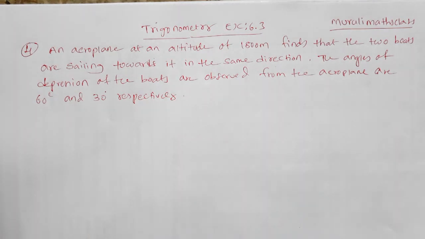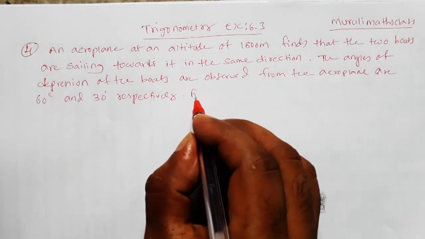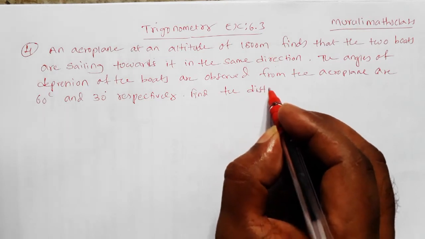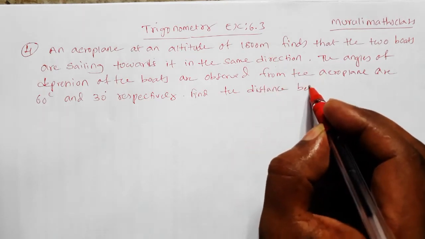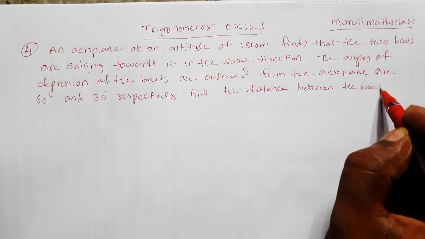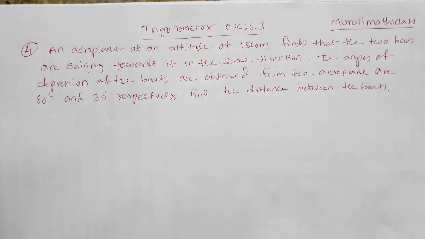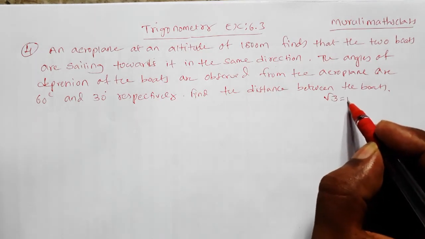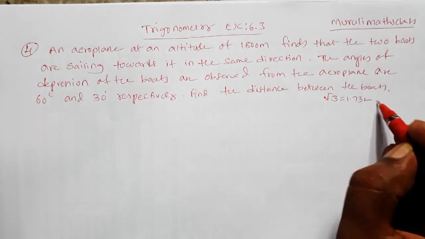Find the distance between the boats. And the value of root 3 they gave: 1.732. That's it.